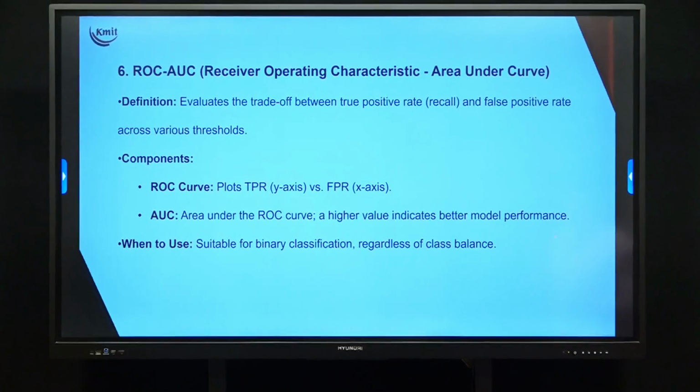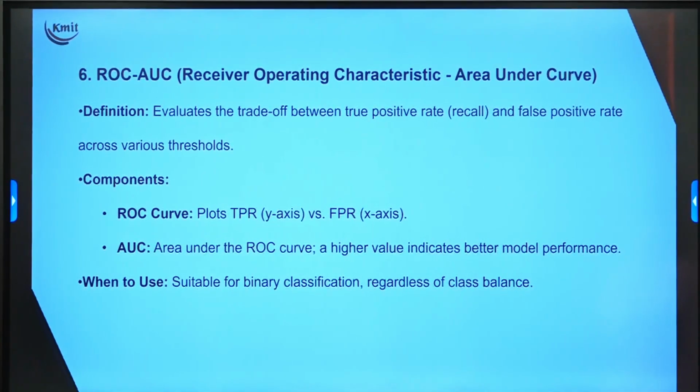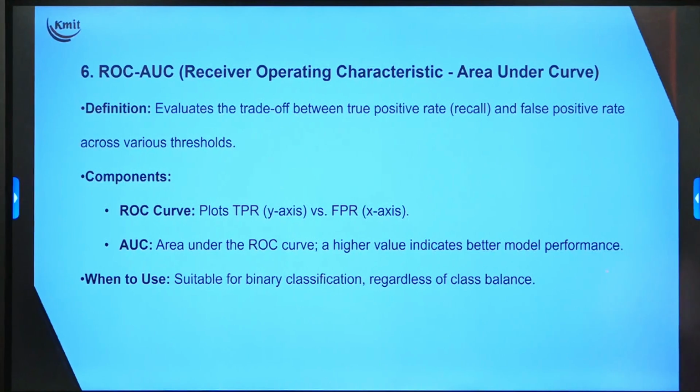Okay, and apart from this we also have two important characteristics called ROC, receiver operating characteristics, and area under curve. These two parameters are used for evaluating the trade-off between the recall and the false positive rate across various thresholds.